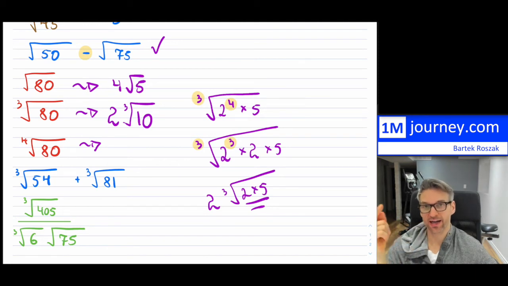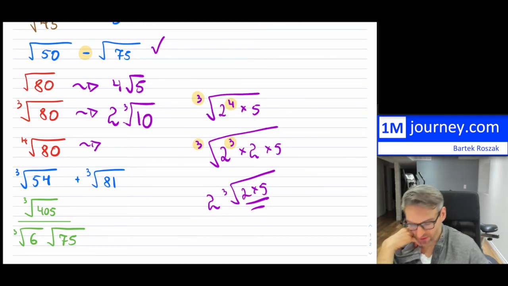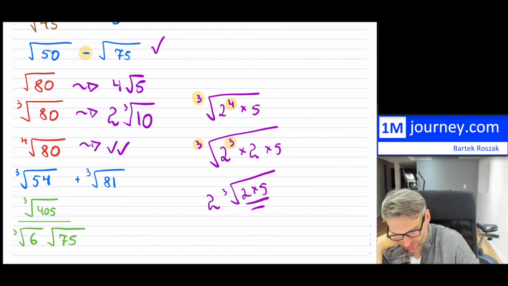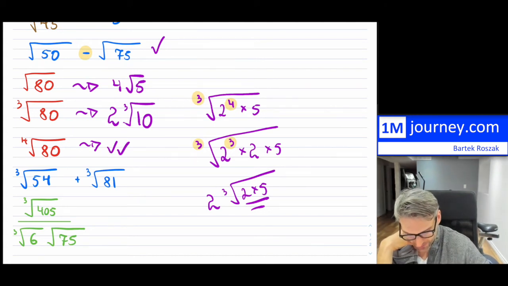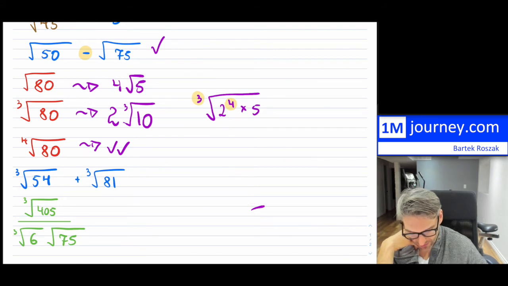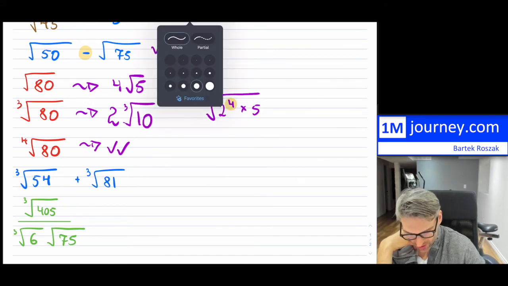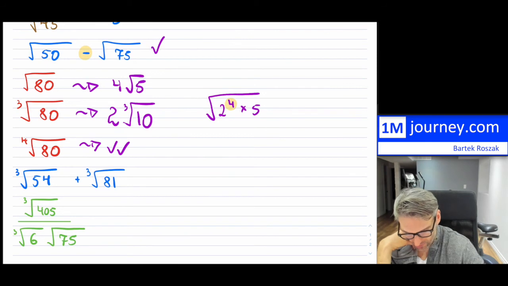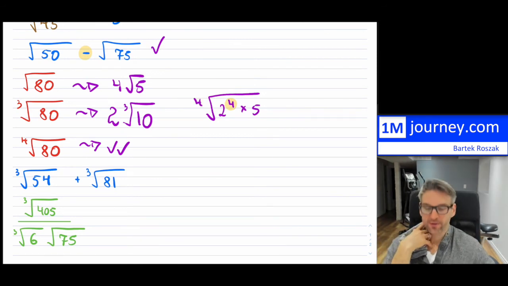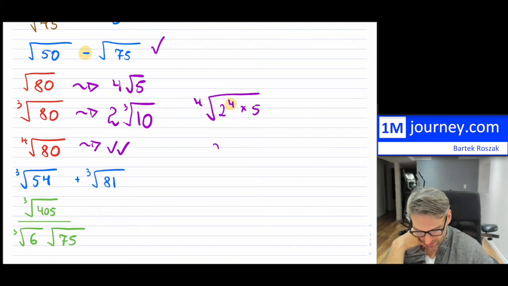So if it's a higher order than just a square root, you can still do exactly the same thing, right? If you understand these primes. So in terms of this right here, because I have now the fourth root, if I change this to 4, well, the fourth root of 2 to the 4 is just 2.